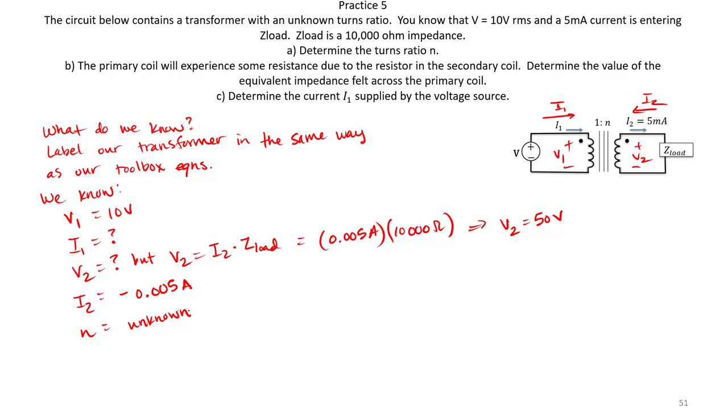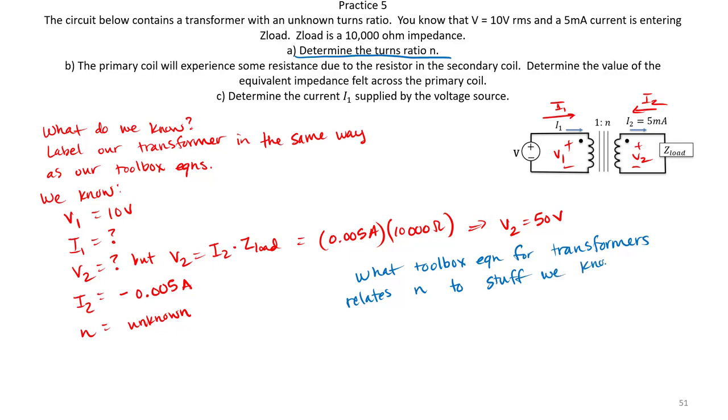So in the first part of the question, we're being asked to determine our turns ratio. The first thing we want to ask ourselves is what toolbox equation for transformers relates our turns ratio N to stuff we know? In this case, notice that we know V1 and we know V2.